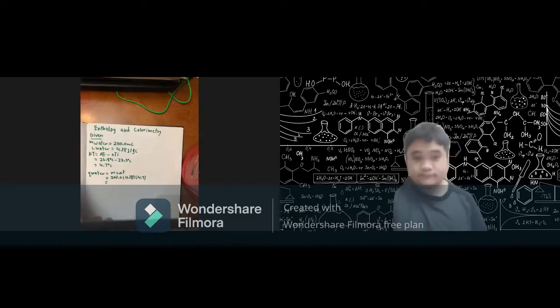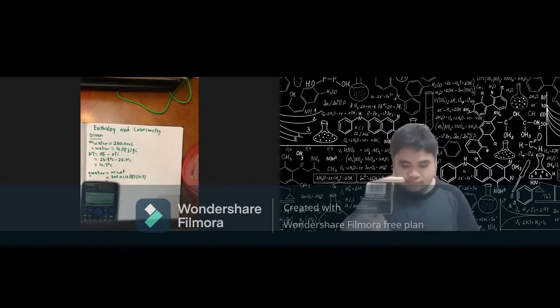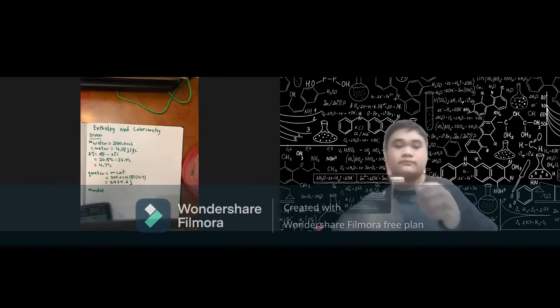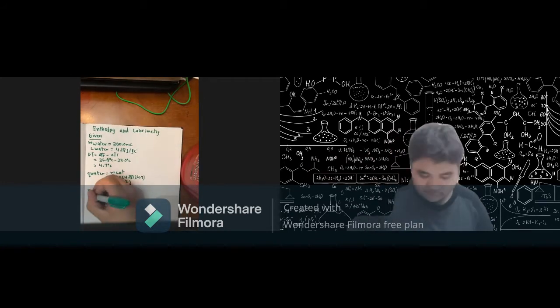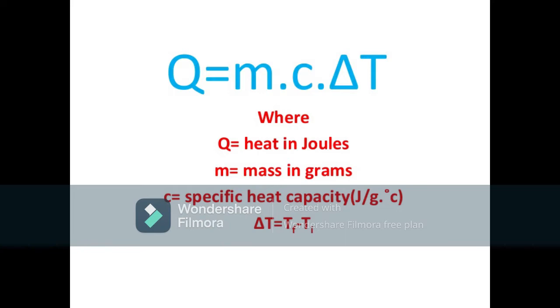In this question, I gathered all the information that was given and used it in the equation Q equals mc delta T. In this equation, Q represents the thermal energy in joules, m represents the mass of the substance, c represents the heat capacity of the substance, and delta T represents the temperature change this substance goes through.